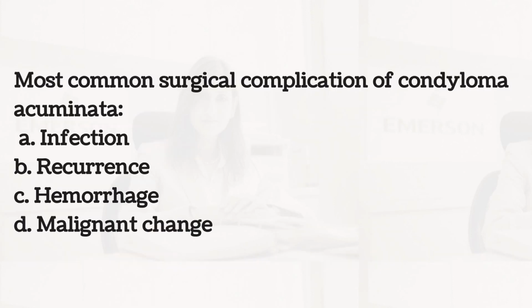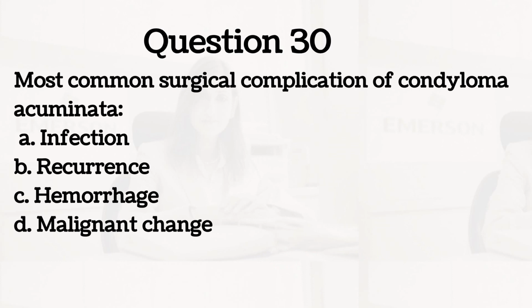Then question 30. Most common surgical complication of condyloma acuminata: A. infection, B. recurrence, C. hemorrhage, and D. malignant change. Condyloma acuminata is most commonly caused by human papilloma virus.